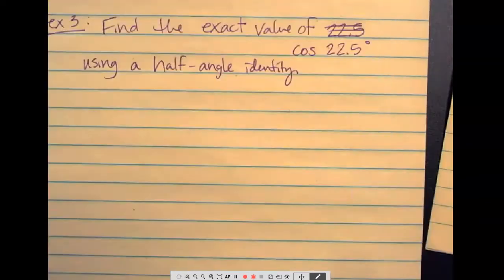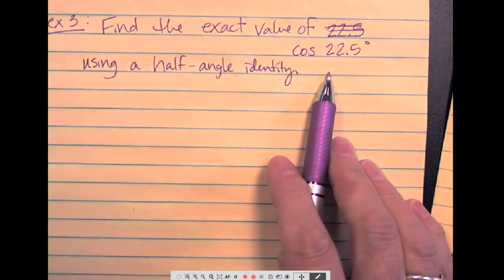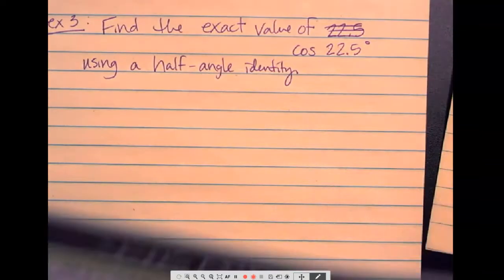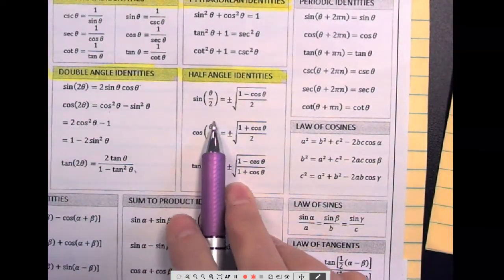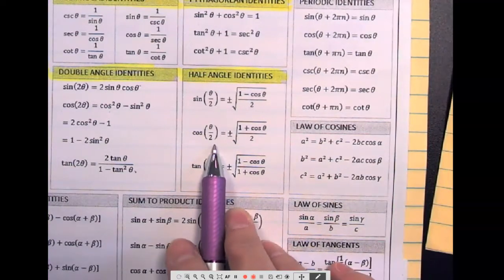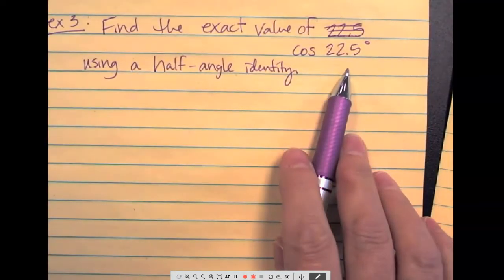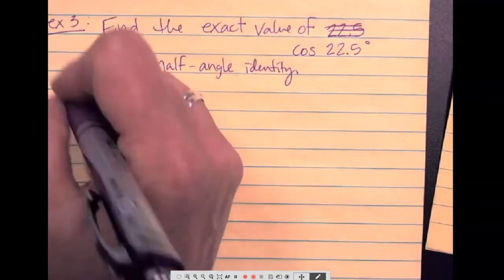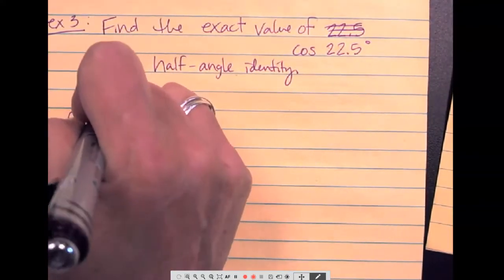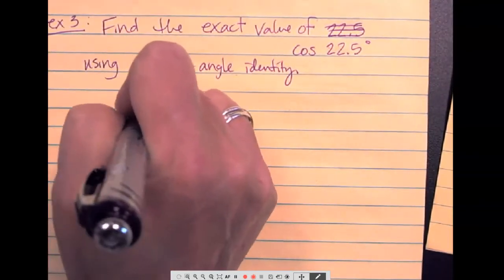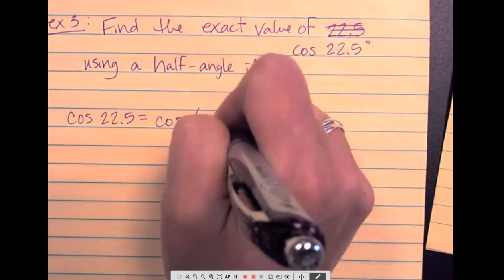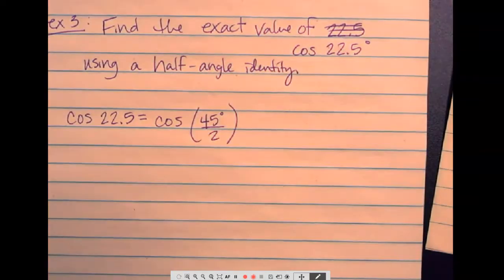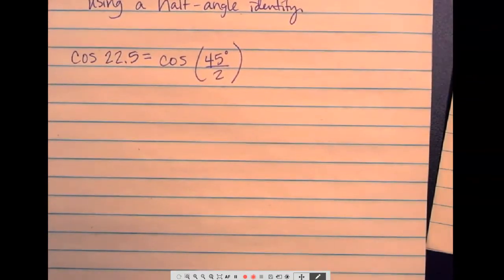So you already told me that if I take half of 45, I'll get 22.5. And it's cosine, so we're going to use the cosine formula. 45 divided by 2 gives me the angle that I want to find the cosine of. So I'm going to say cosine of 22.5 is equal to cosine of 45 over 2. Is everybody okay with that?